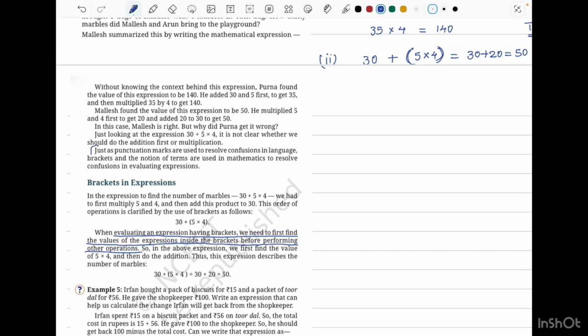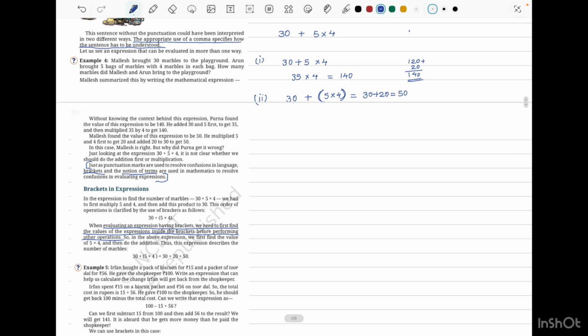And just as punctuation marks are used to resolve confusions in language, brackets and the notion of terms are used in mathematics to resolve confusion in evaluating expressions. In an expression, every number is a term.